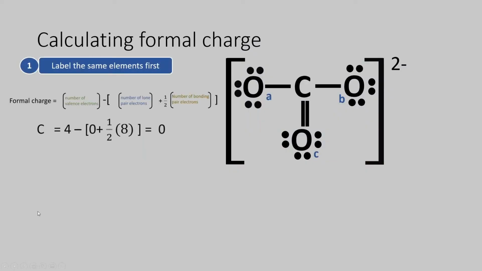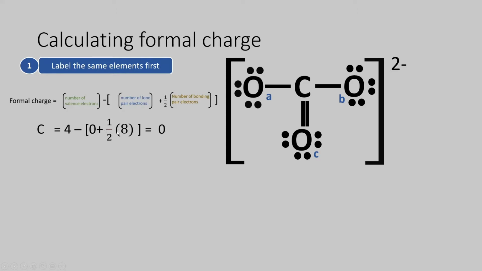So, dia ada 4 valence electron. And then, kita tolakkan dengan number of lone pairs. So, carbon ada lone pairs tak? Tak ada kan? Okay. So, carbon tak ada lone pairs. Semua bonding. So, lone pairs dia kosong.